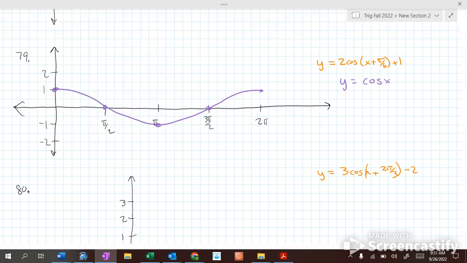All right. What is my second step, Andrew? 2 cosine of x. Y equals 2 cosine of x. 2, 0, -2, 0, 2.